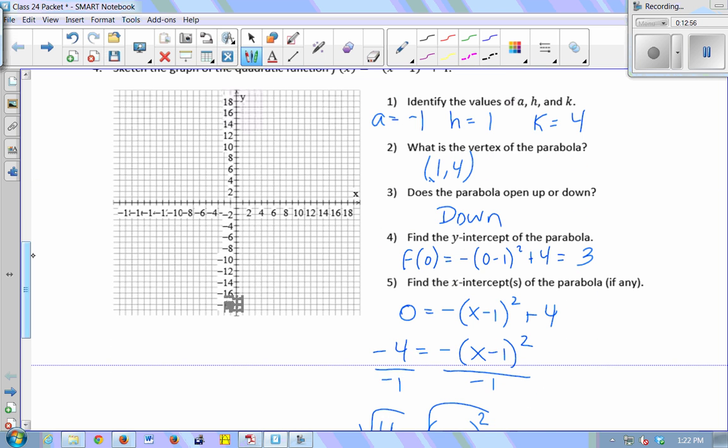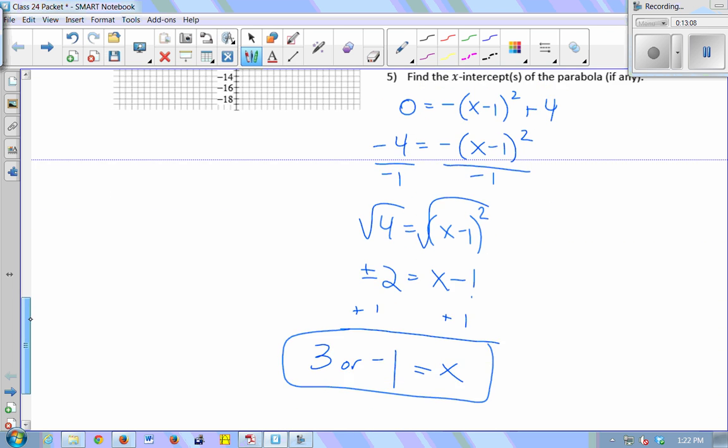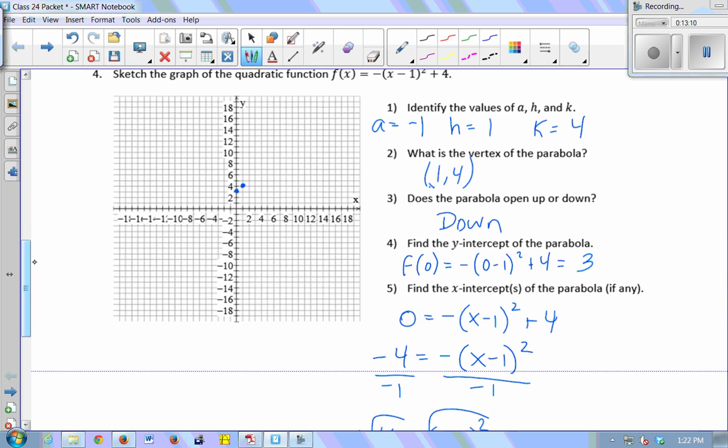I know my vertex is at 1, 4. I know it opens down, and my y-intercept is at 3. And my x-intercepts are at -1 and 3. And it opens down, so I know it's going to go like this. And there's a pretty decent sketch of my parabola.